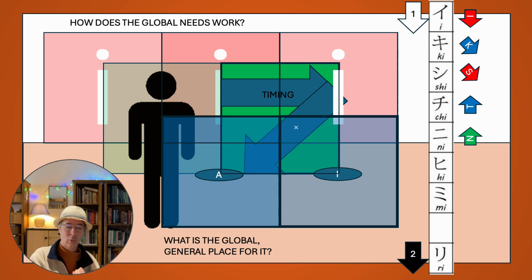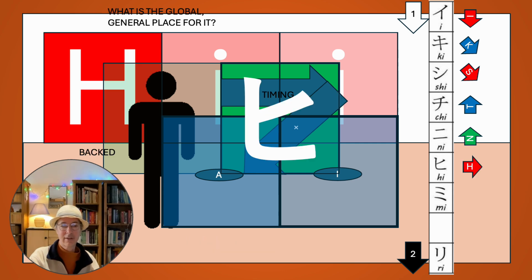So where do we know when it is needed, how it is needed? It's with the sound hi. The hi, the h, is the general. It is about the rules in which something is vivid, like in the breath. It is backed by something that says, oh, from here to here I can use it.